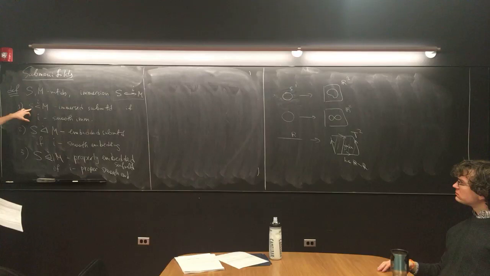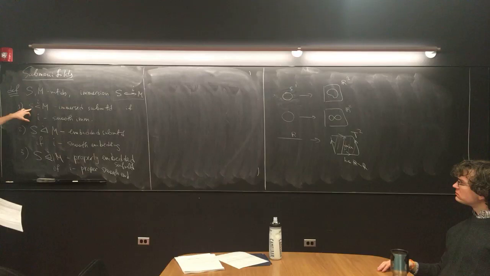For the backward direction, let's say P is in M and sigma is a local section through P. So that means that P is included in the image of that neighborhood in the base, in N, the domain of sigma.